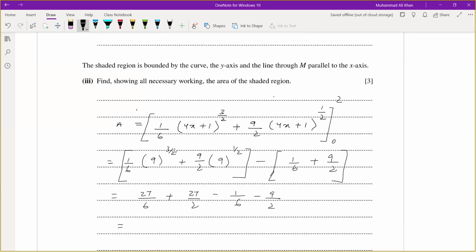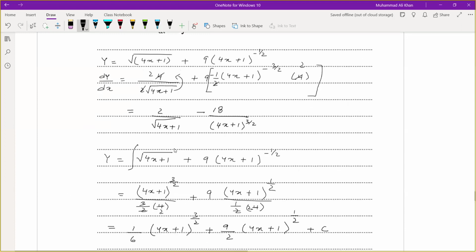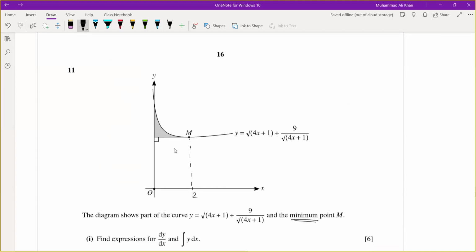So the final answer will be 40/3. This is the final result. But this 40/3 is the complete area, and we have to subtract this portion.